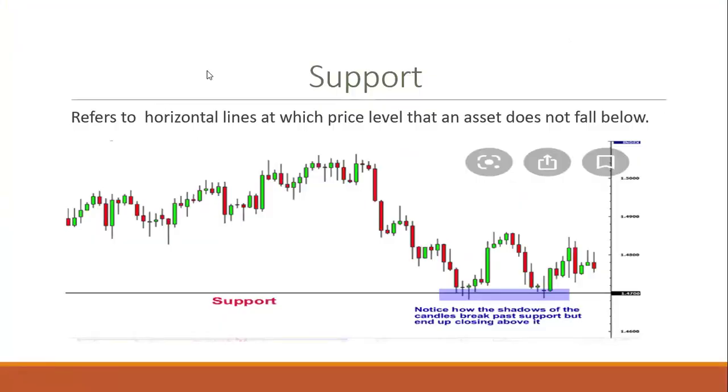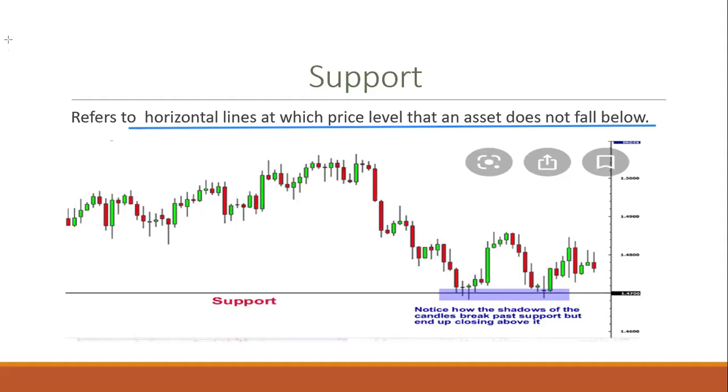So support refers to the horizontal lines at which price level an asset does not fall. This is just a funny English phrase, but where it stops falling means it starts to rise.